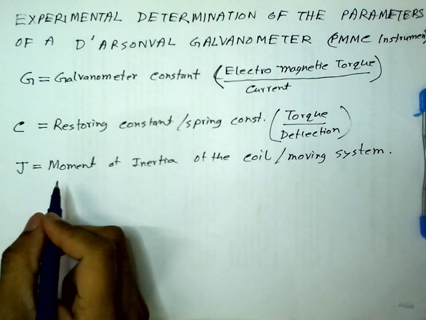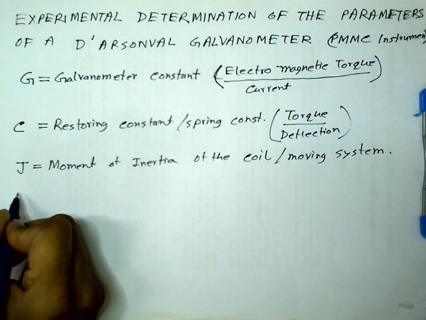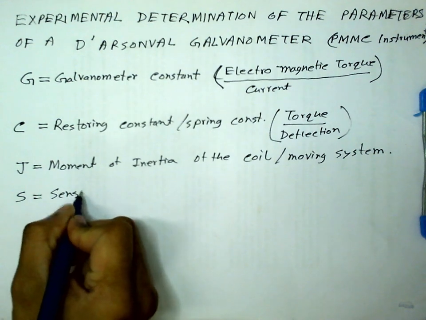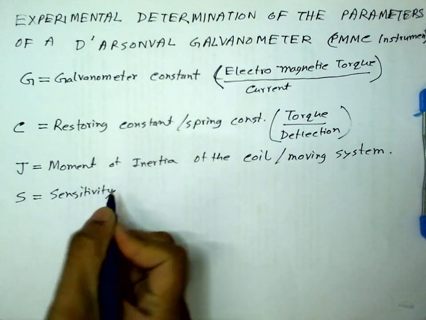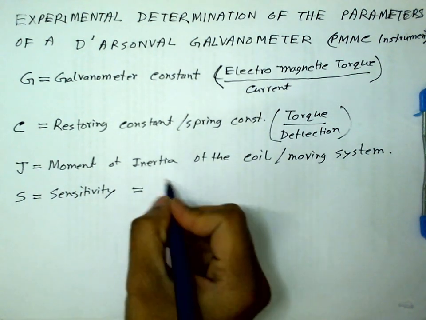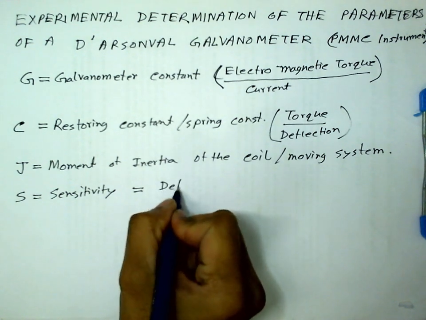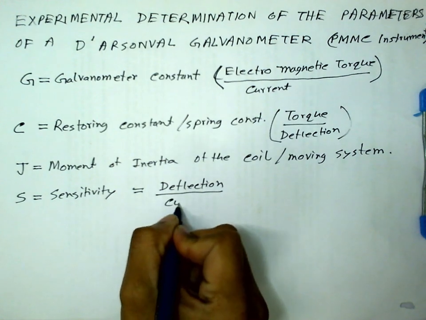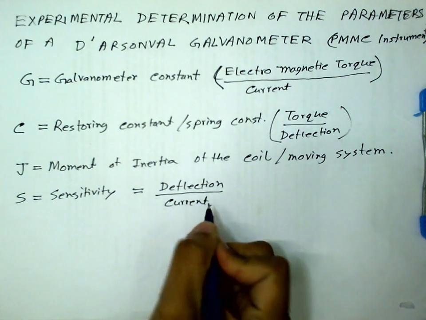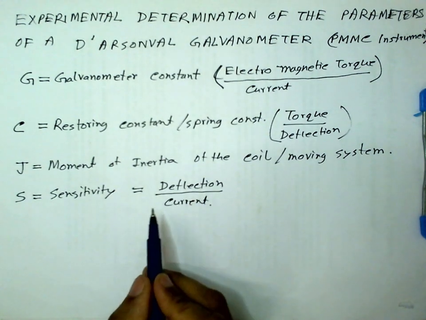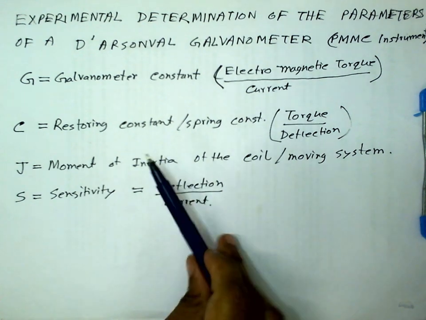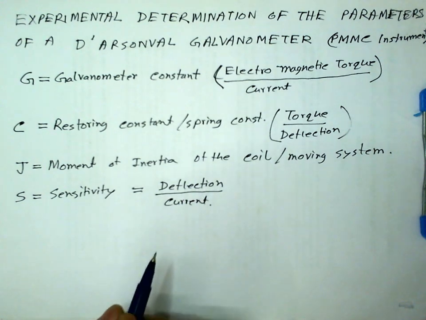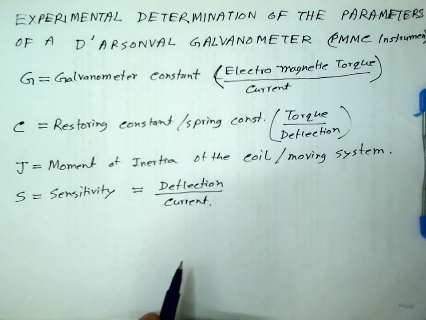Now we will use the symbol S for sensitivity. This is basically deflection per unit current. So if 1 ampere current is flowing through the coil, how much deflection will be caused by that current? That is the sensitivity.